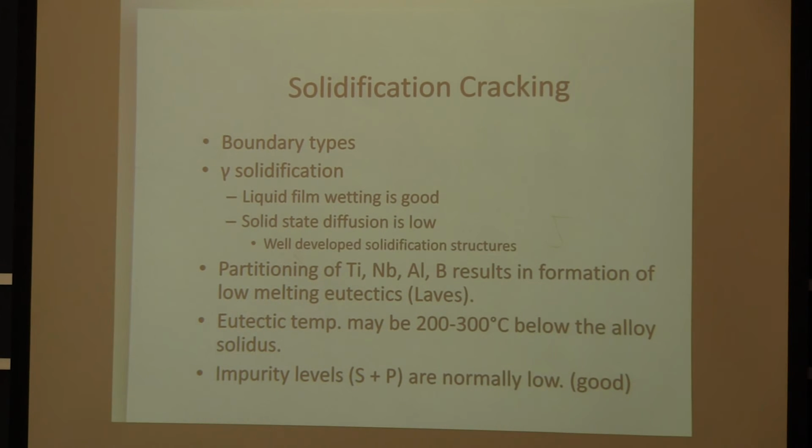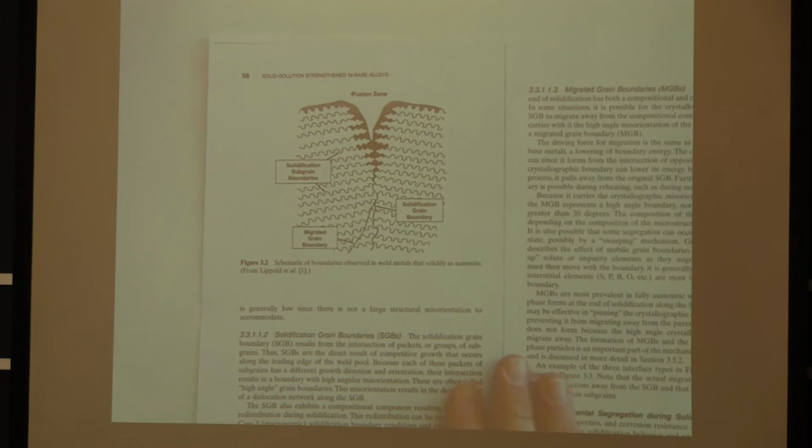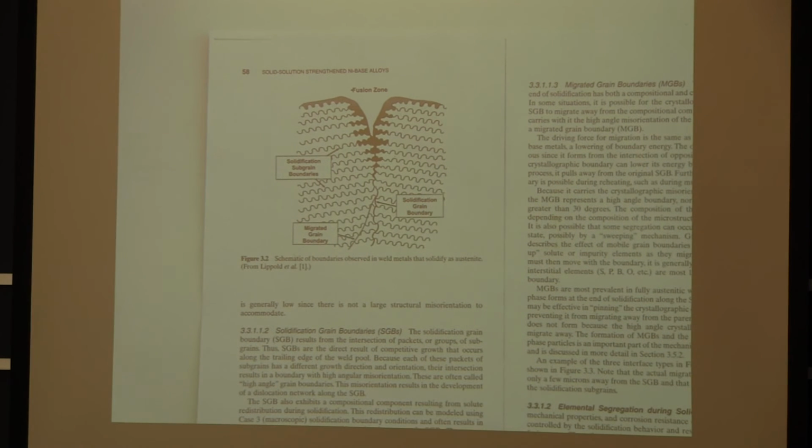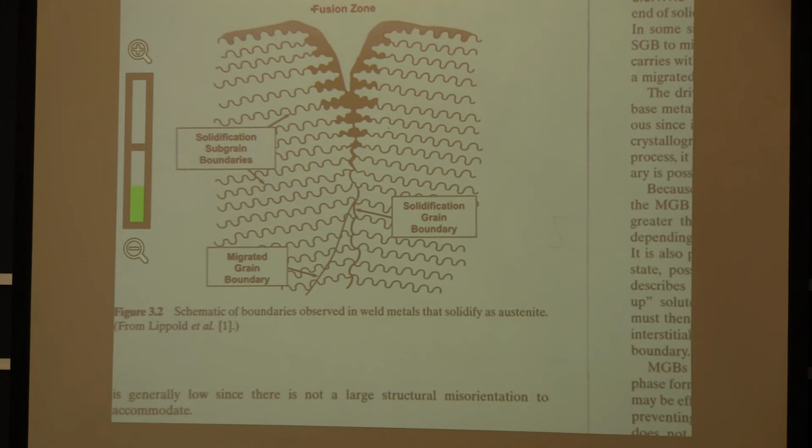So solidification cracking. Before I really talk about that a lot, I wanted to talk about the various types of boundaries that are created in an austenitic steel or austenitic nickel-based alloy as the material solidifies.